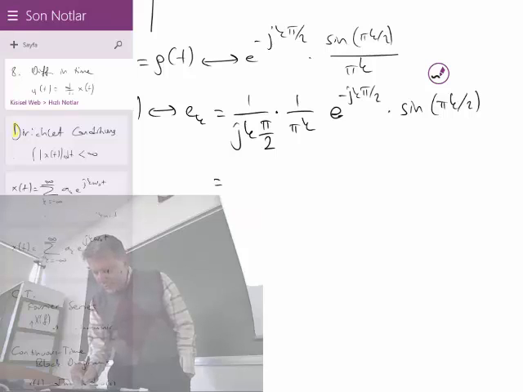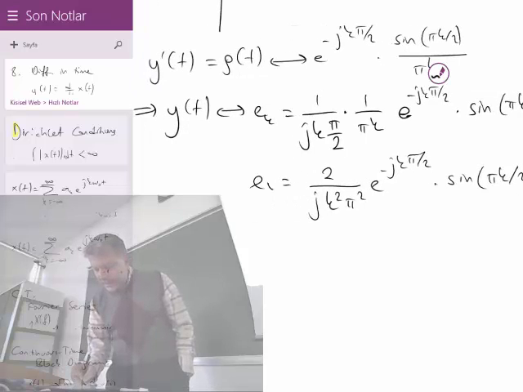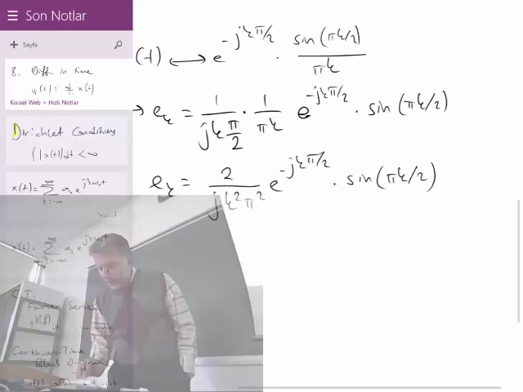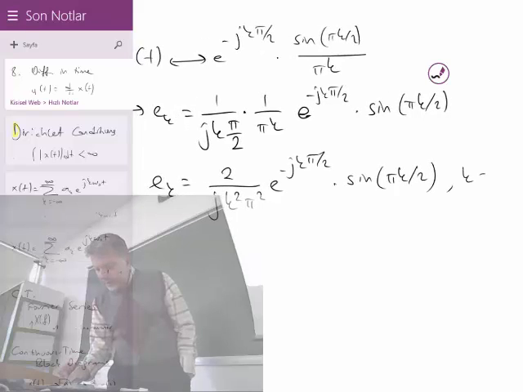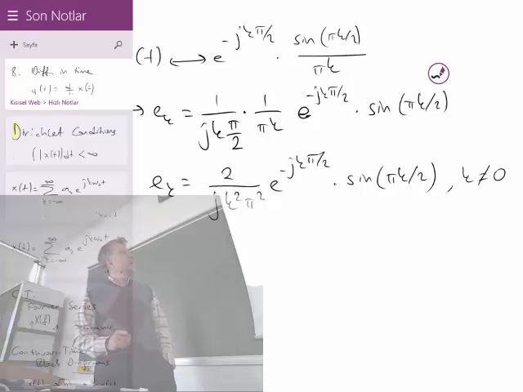So this 1 over 2 comes to the numerator: 2 over j k square pi square e to the minus j k pi over 2 times sine pi k over 2. And these are the ak's, except for k equal to 0. So k must be different than 0 for this to hold.